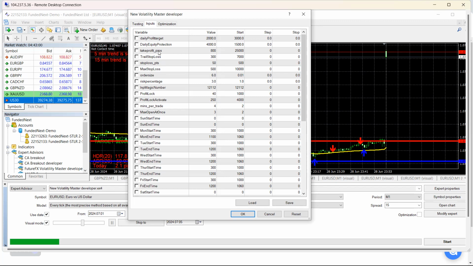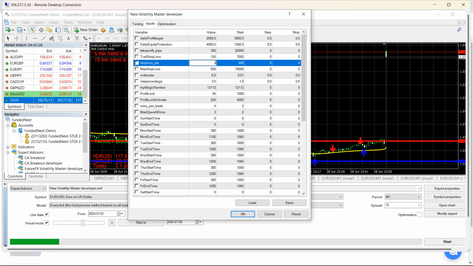But essentially all I'm going to do for my first sort of guess is reduce all of the pip distances. So Euro USD is never going to move 800 points. Well, sometimes, but not like gold does regularly. So I'm going to drop that one down to 300. My trailing stop down to 150.